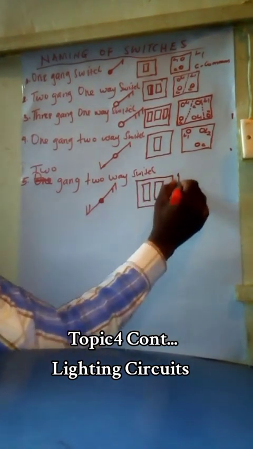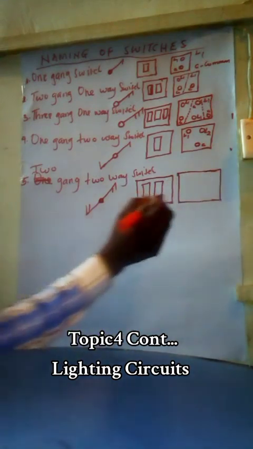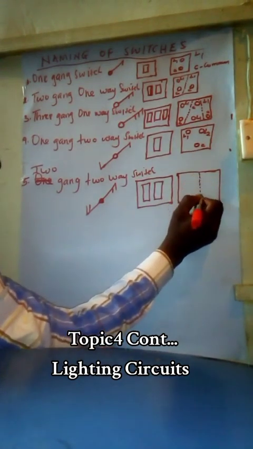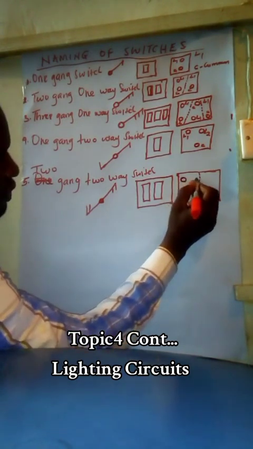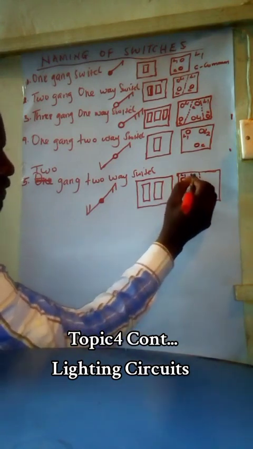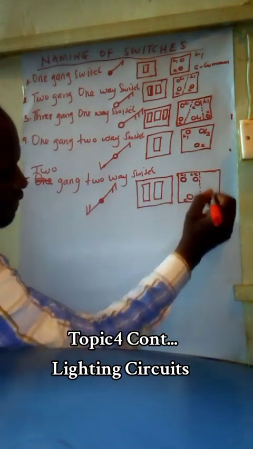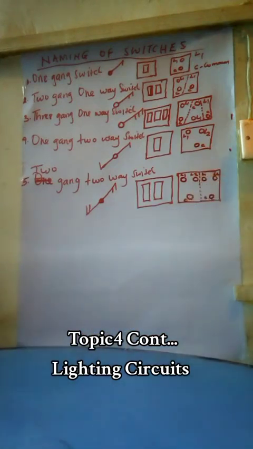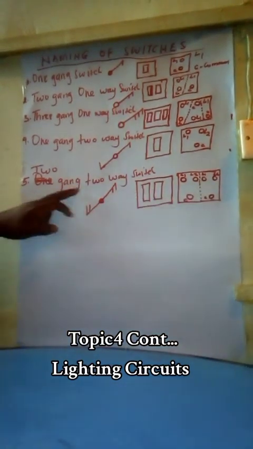So if you turn it the other way around, let me do some partitioning here so that you have this one. This is common, L1, L2. Again, you'll have common, L1, L2. So this one is for this button, this one is for this button. That one is 2-gang two-way switch.